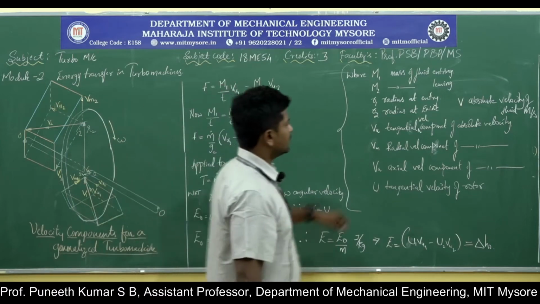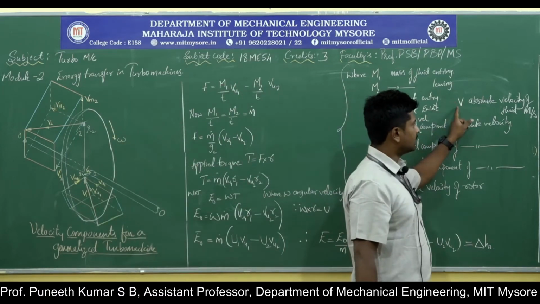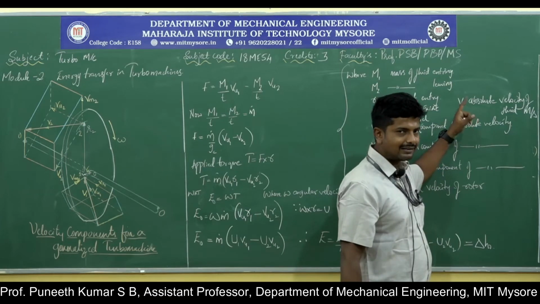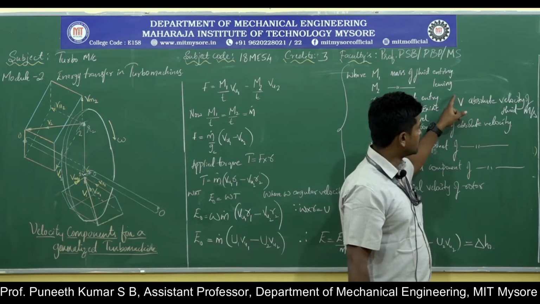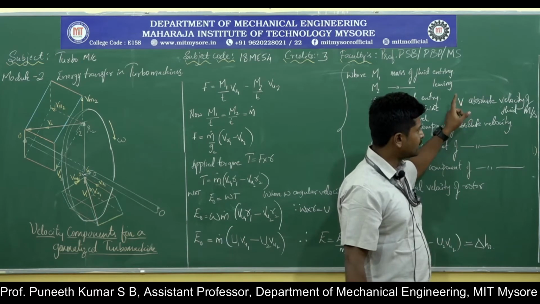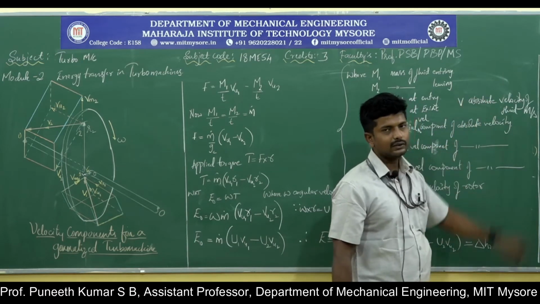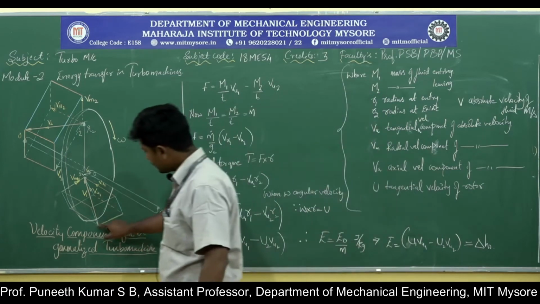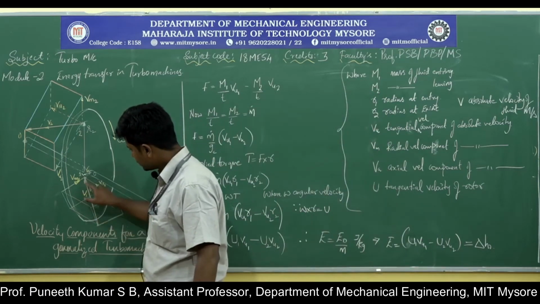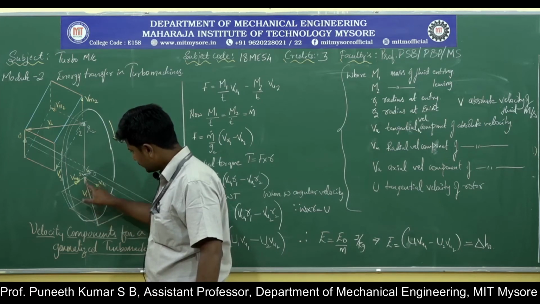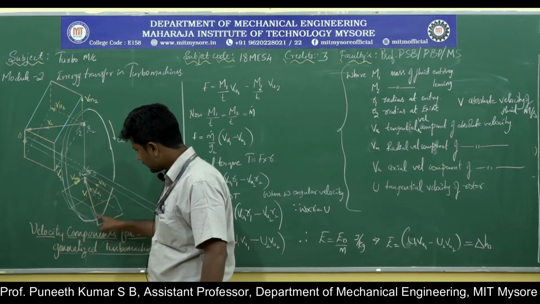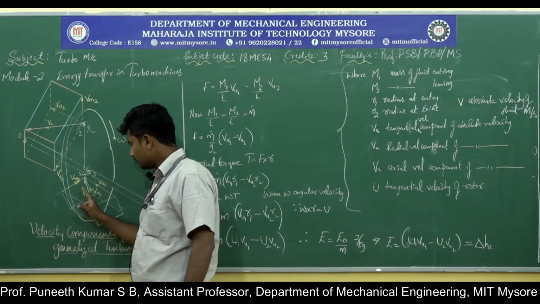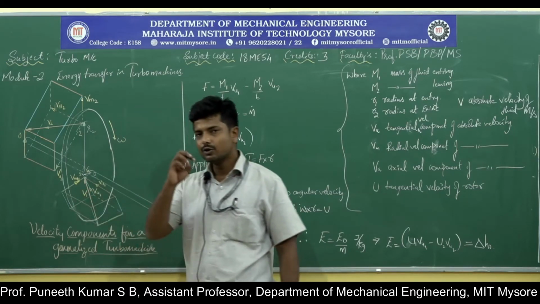Here, just capital V, if I put 1, it becomes the value at the entrance. Just V means the absolute velocity of the fluid. That means the line we can see as V1, this particular three-dimensional diagonal line, is the absolute velocity.